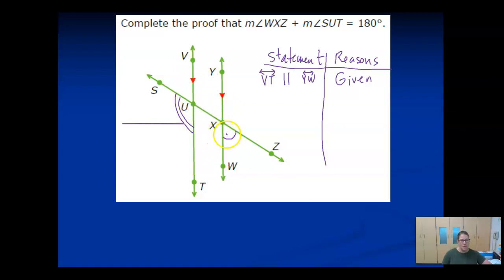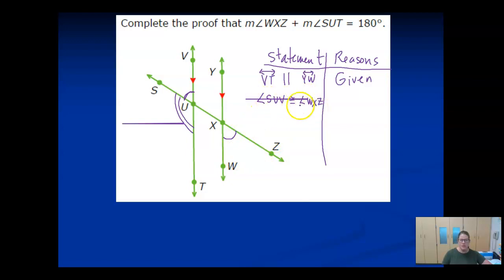So one of the first things I'm going to do is try to relate these to one of the angle pairs that we do know something about. So let's say, for example, this angle right here, SUV. I know that SUV is congruent to our WXZ, so angle SUV is congruent to angle WXZ.